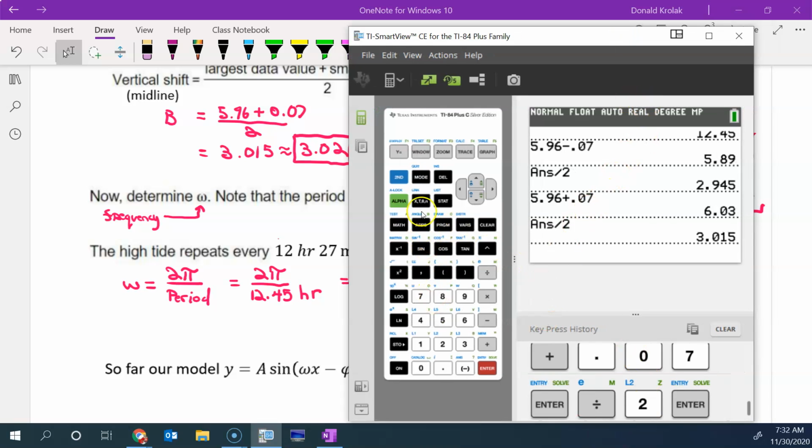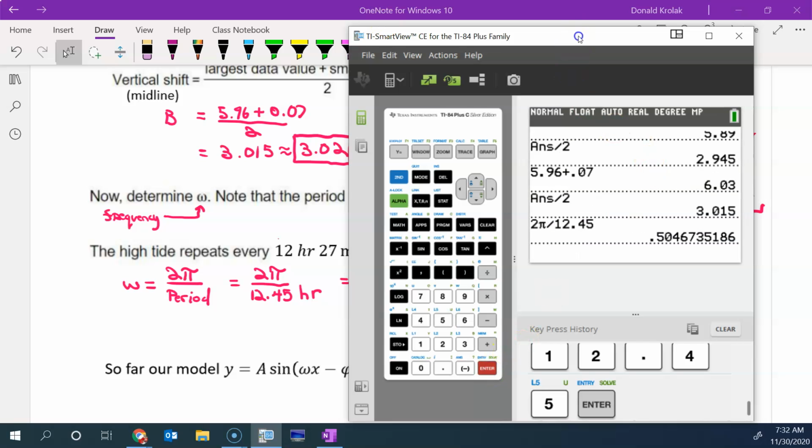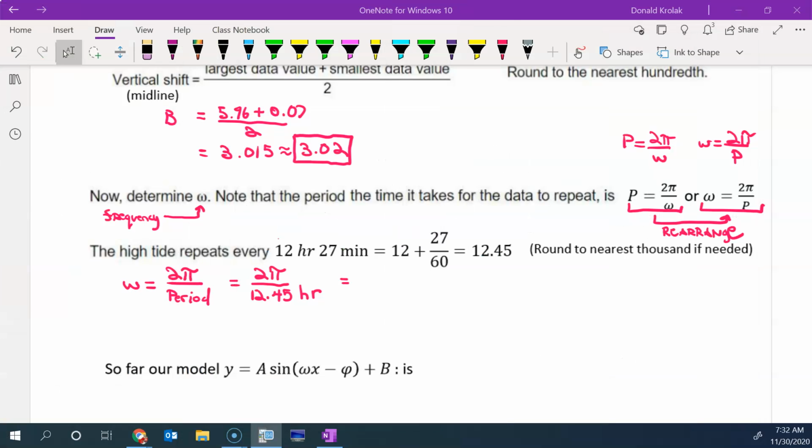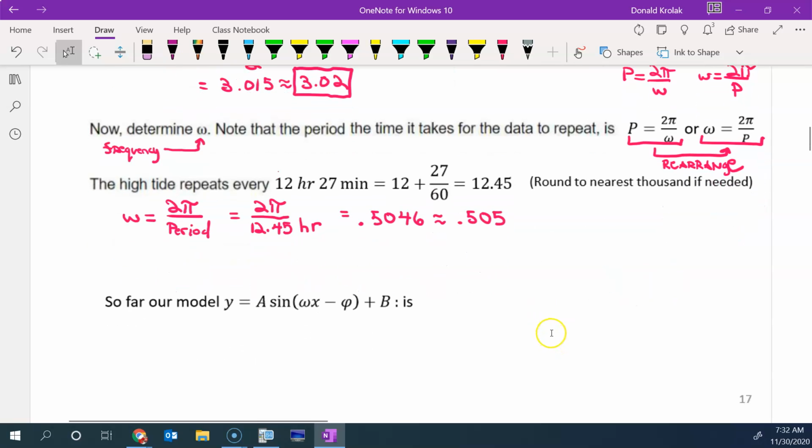Okay, and that's going to be 2 pi divided by 12.45. I'm going to go out to 3 decimal places on this one. This is 0.505. And that's your frequency. It's pretty close to a half.